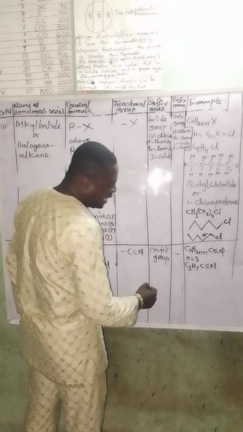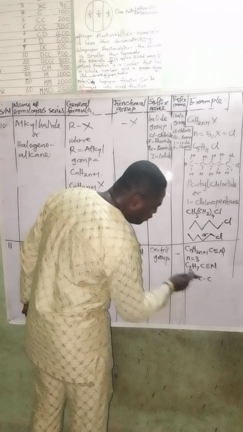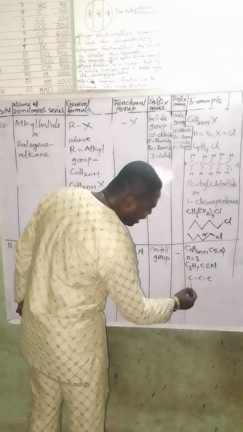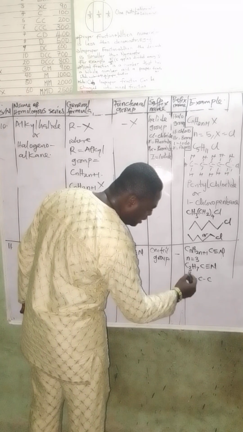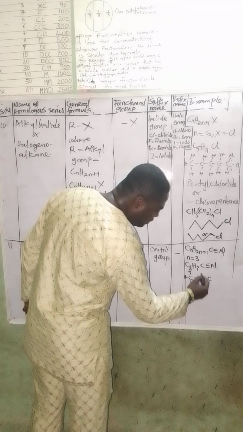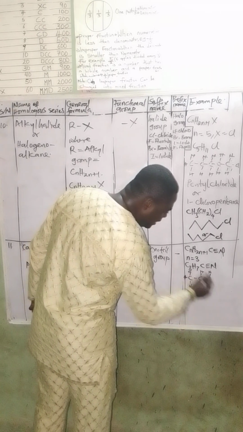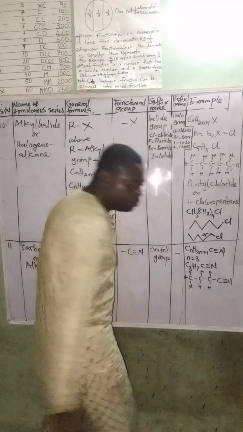Now I can rewrite this structurally as 1, 2, 3 for representing this carbon, then 7 hydrogens: 1, 2, 3, 4, 5, 6, and 7. Then there's a bond that joins into this carbon, triple bonded to nitrogen.